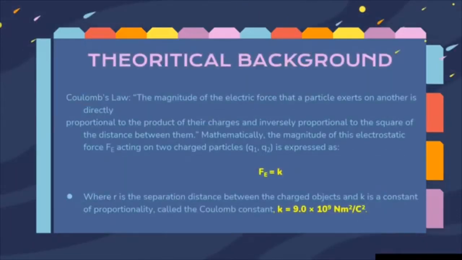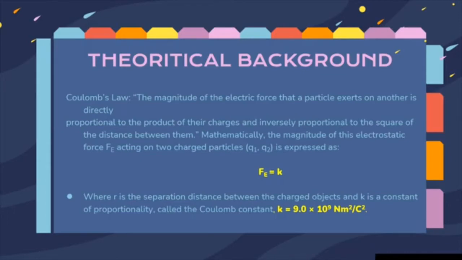Theoretical background. Coulomb's law states that the magnitude of the electric force that a particle exerts on another is directly proportional to the product of their charges and inversely proportional to the square of the distance between them.